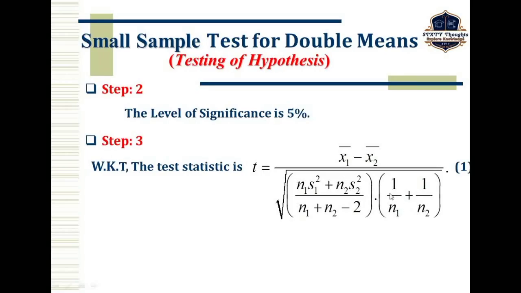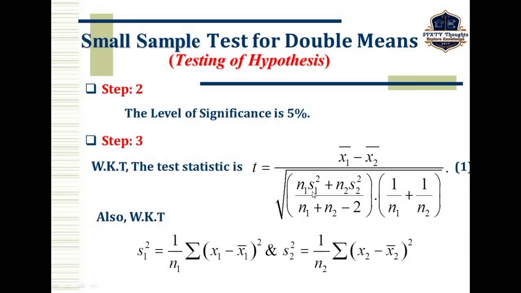At present, n1, n2, x1 bar and x2 bar we know. We don't know the s1 square and s2 square values. So we find s1 square and s2 square, then substitute in equation 1 to get the obtained value of t. We know that s1 square is 1 by n1 into sum of (x1 minus x1 bar) whole square, and s2 square is 1 by n2 into sum of (x2 minus x2 bar) whole square.